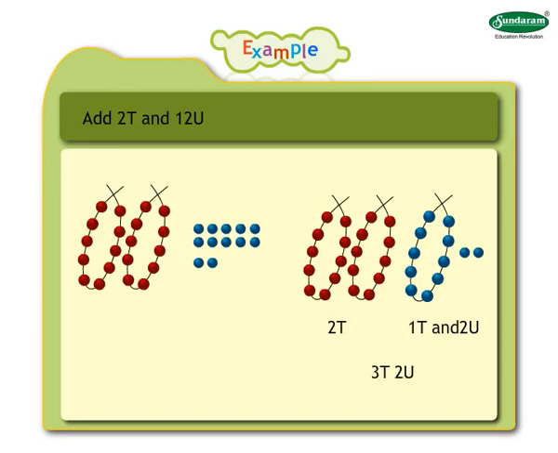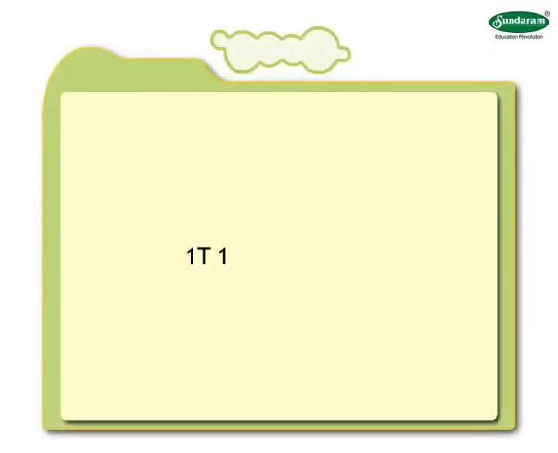Therefore, 2 tens, 12 units is equal to 3 tens, 2 units. 1 ten and 17 units can be written as 2 tens, 7 units, because 1 ten is added to the 1 ten of 17 units, which is equal to 2 tens. The remaining 7 units are written as it is.